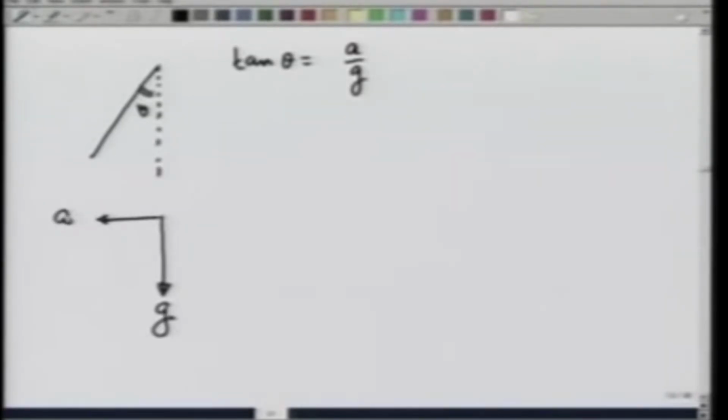So the net gravitational field is the sum of these two, and that is in this direction, which is shown here by the big arrow. And this is at an angle theta with tangent theta equals a over g.